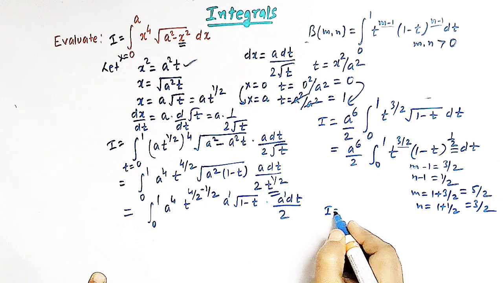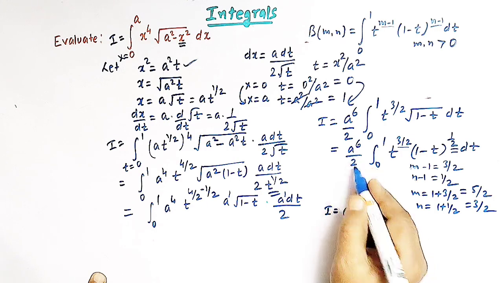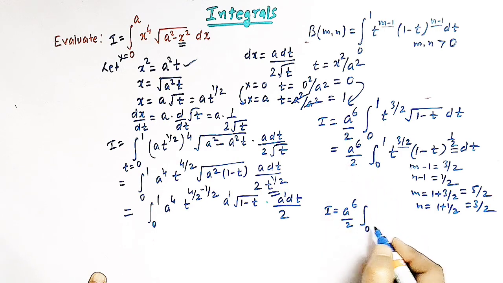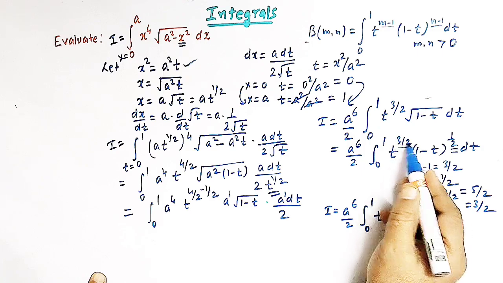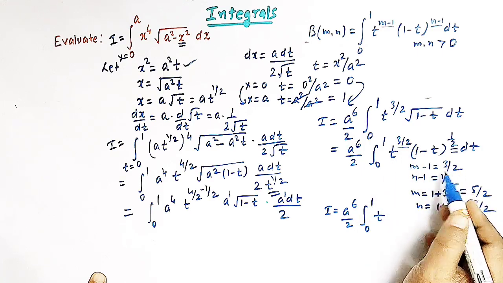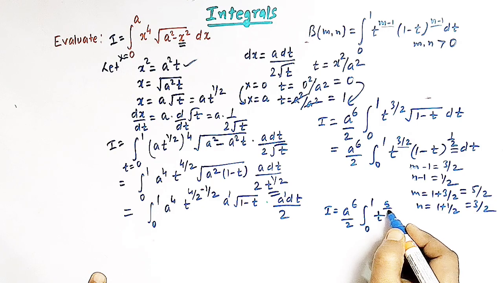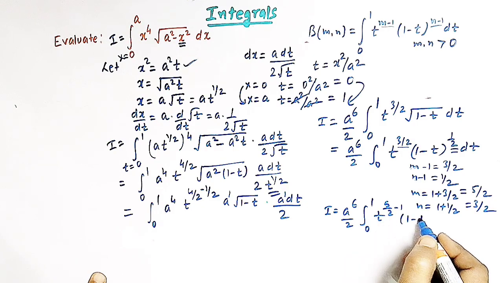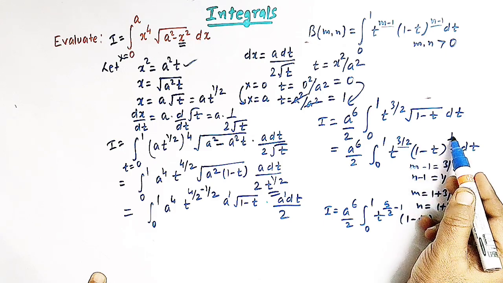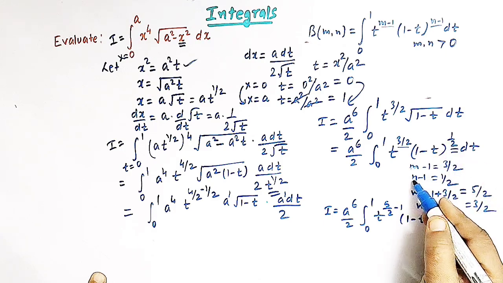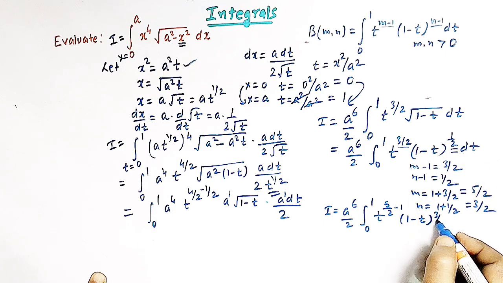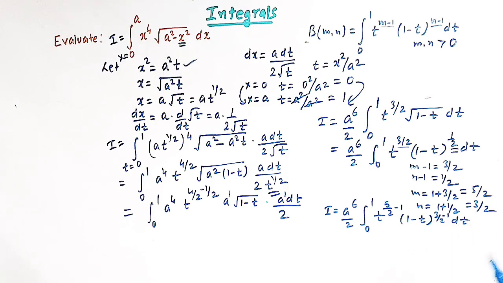So now I can be written as a raised to 6 over 2, integral 0 to 1, t raised to 3 by 2, so 3 by 2 is equal to m minus 1, and m is 5 over 2. So we have 5 over 2 minus 1. And then we have (1 minus t) raised to half. Half is n minus 1. N is 3 over 2, and this is 3 over 2 minus 1, and dt.